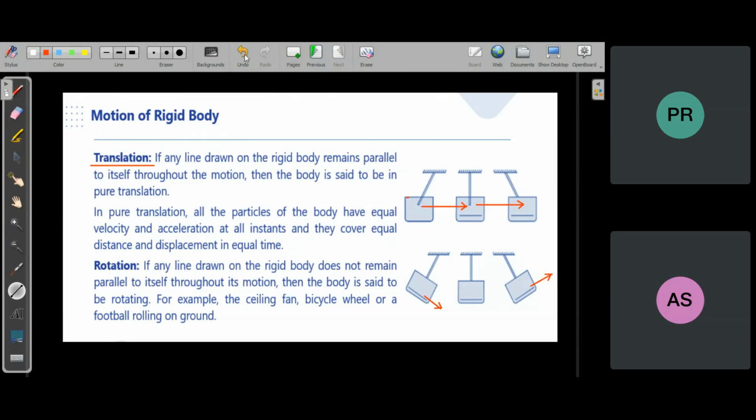Actually, what I'm trying to say is that it may be possible that different particles of the body are going in different directions at the same time. And that's why the orientation of the body is changing. You can see if a line is drawn on the body, the orientation of this line is changing. This line is rotating because the whole body is rotating.